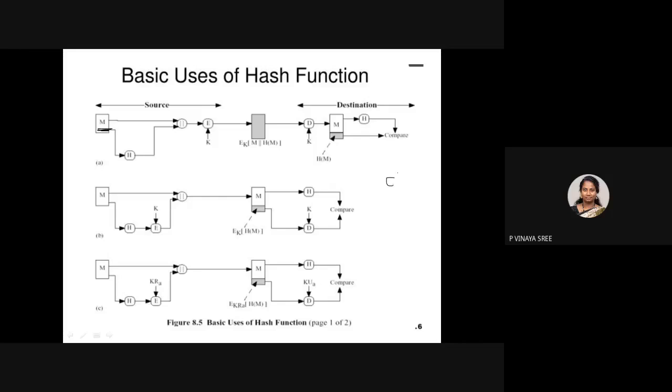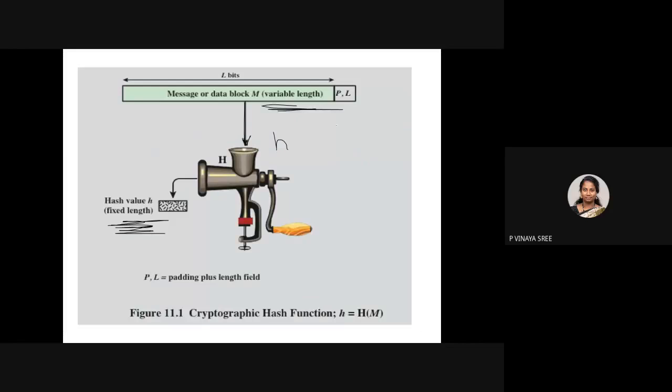Previously for the MAC, we passed a message and a symmetric key K1 or K2. But in this case, for the hash function, we are passing only the message, so the output from this function will be a fixed size length message.